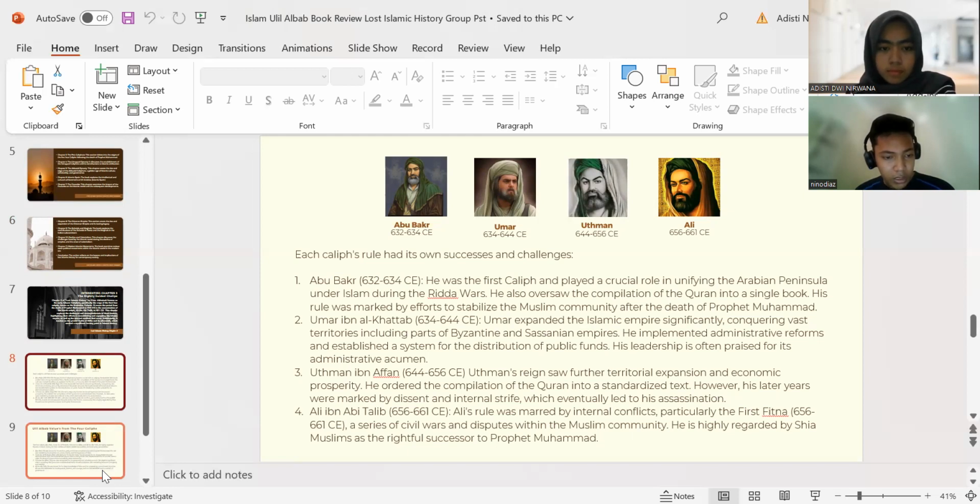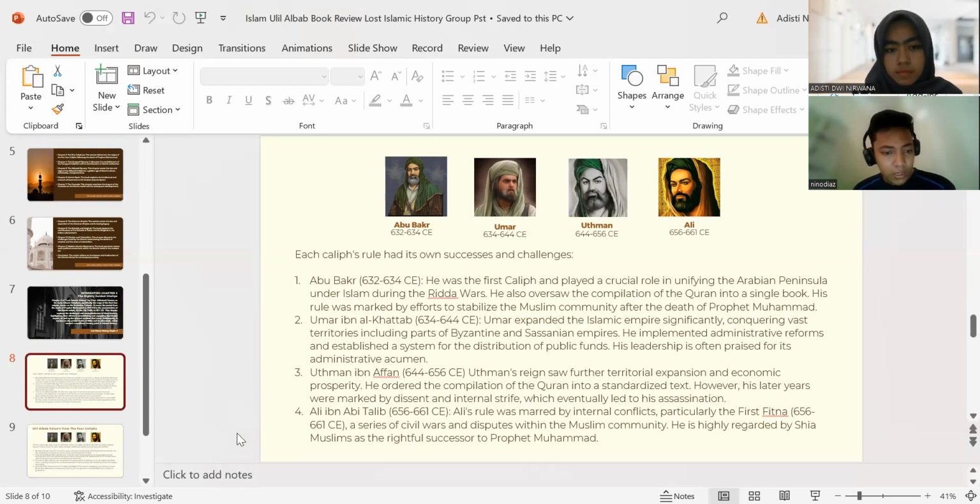And the third is Uthman bin Affan. His reign was 644 until 656 CE. Uthman's reign saw further territorial expansion and economic prosperity. He ordered the compilation of the Quran into a standardized text.